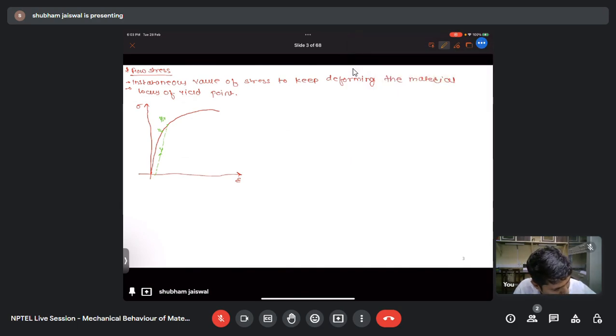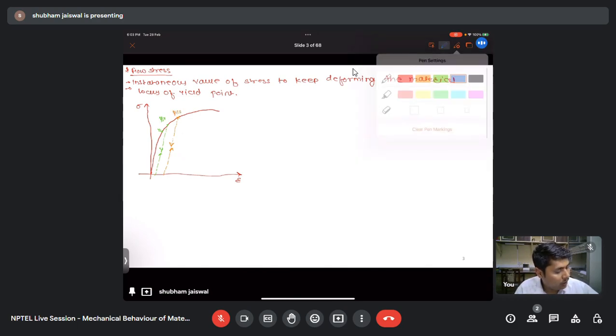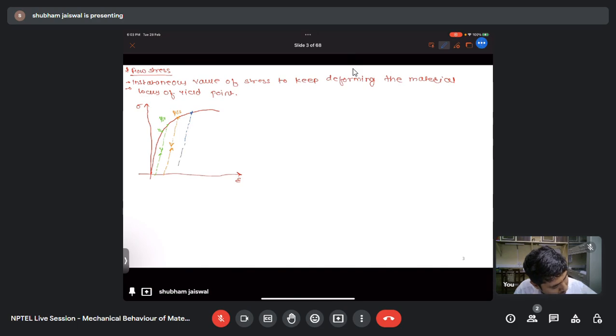Suppose at this position we unload it, it will follow this orange path. When we again load it, it will follow the same path. So yield strength 2, and while we unload it, it will follow the blue path.